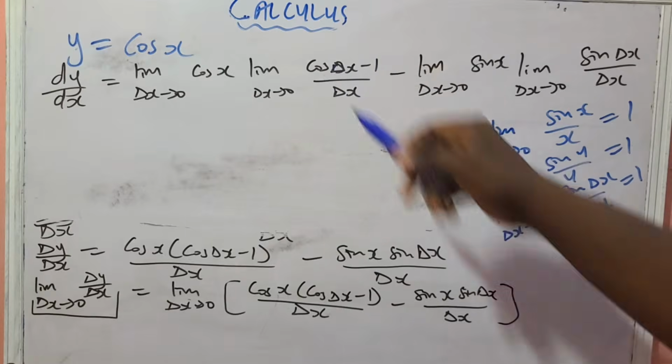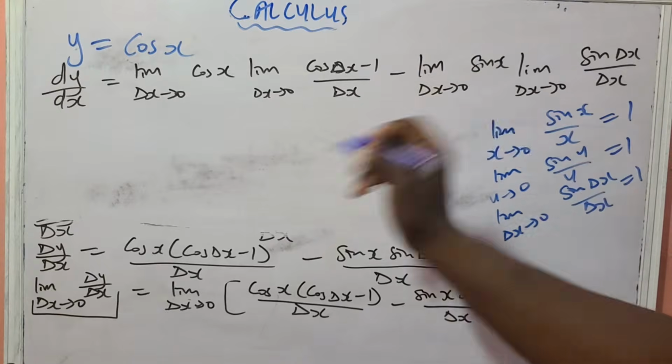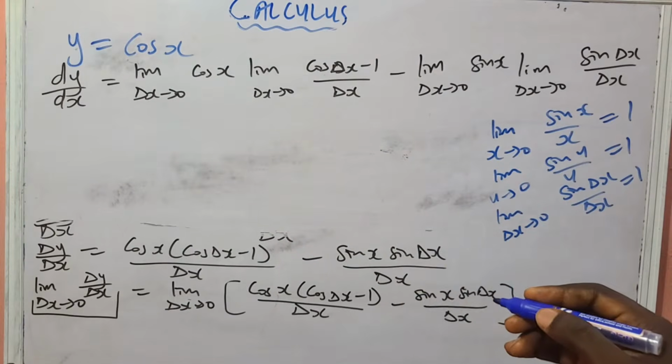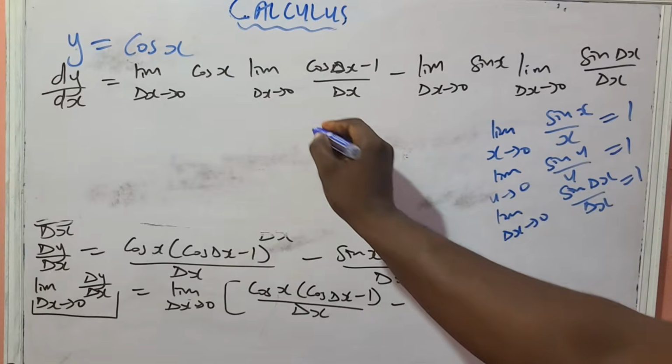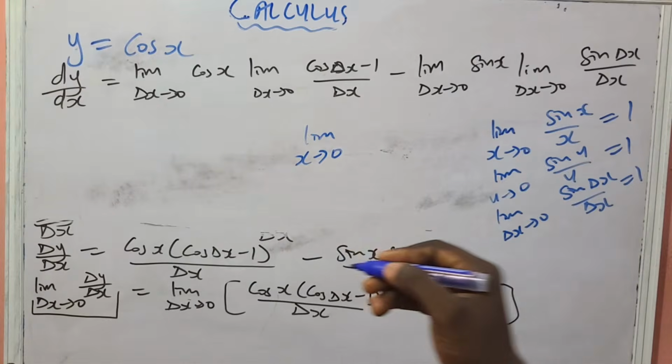This is similar to you having, I don't know where I should carry you to explain this. I want you to know that the limit of this, I want to use this to establish that point also.